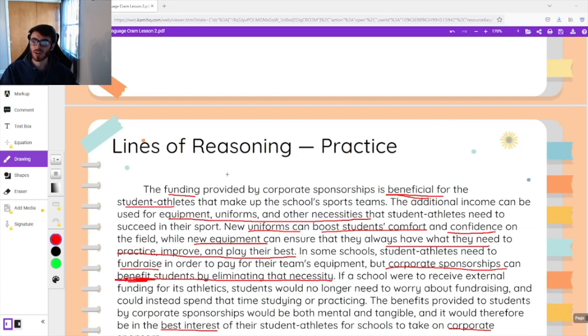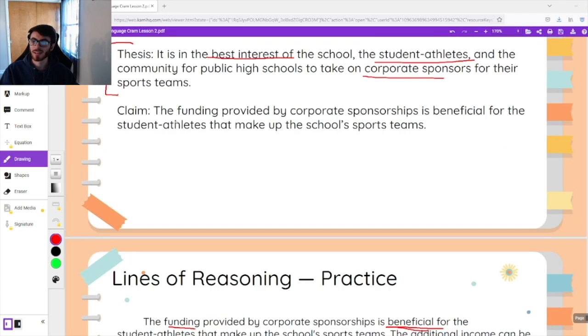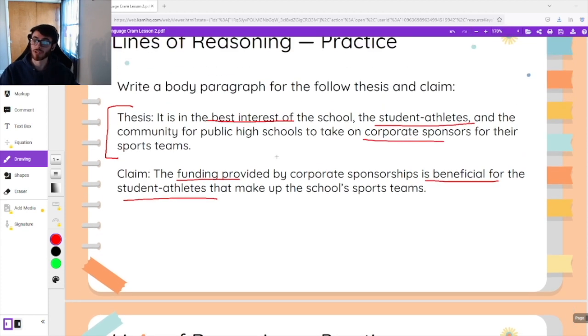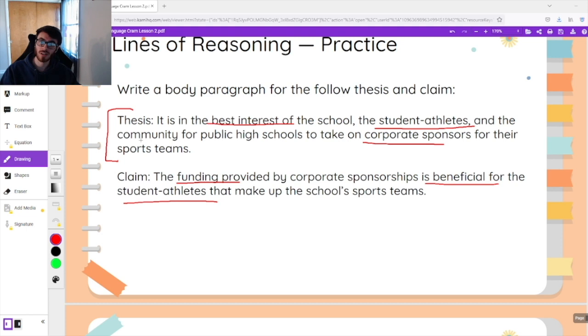The previous one talks about how the funding is beneficial for the student athletes. Maybe focus on something else. Either focus on how something other than the funding is beneficial for them, or focus on how it's beneficial for the school or the community rather than the student athletes. Try to do something a little bit different here that supports this thesis rather than using another claim that's very similar.